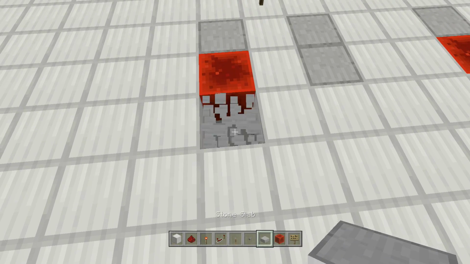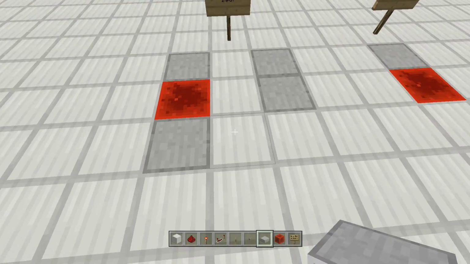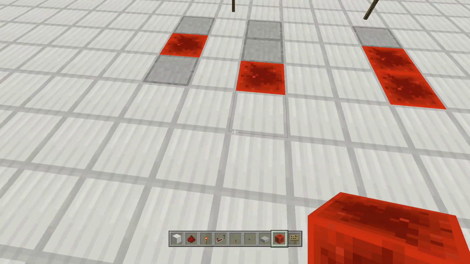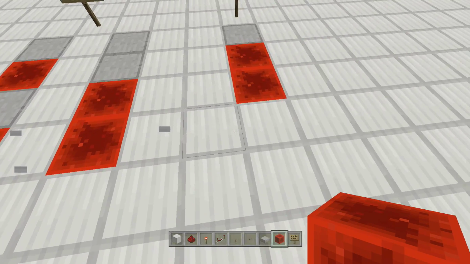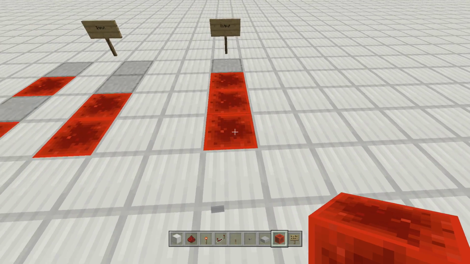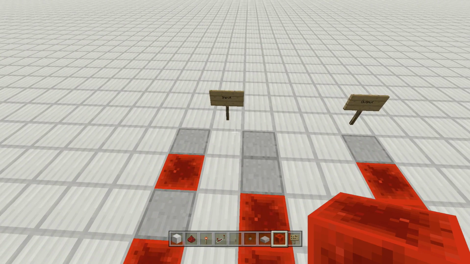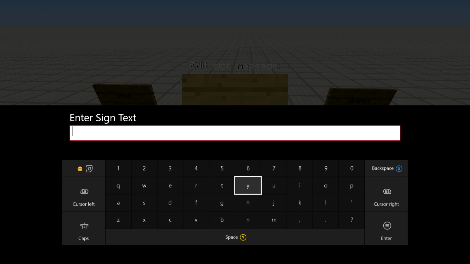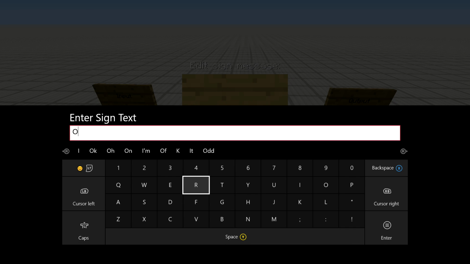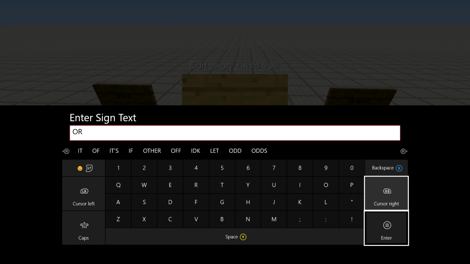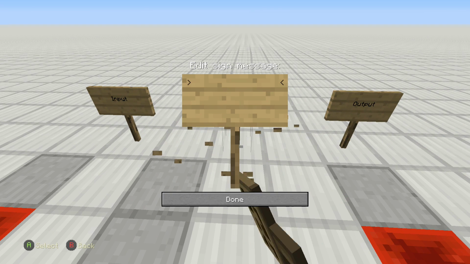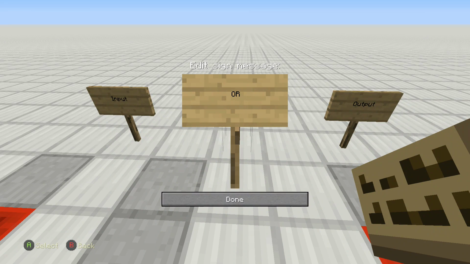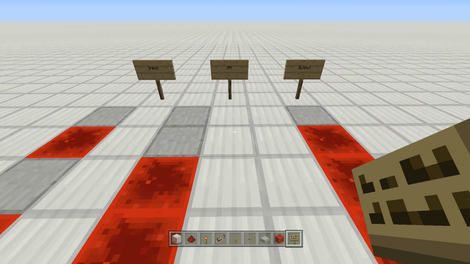If my left input is off, but my right input is on, then my output is also on. And if both of my inputs are on, then my output is also on. That's for the OR gate. So I'll just write down OR. Sorry about that, that did not work. This is for an OR gate.